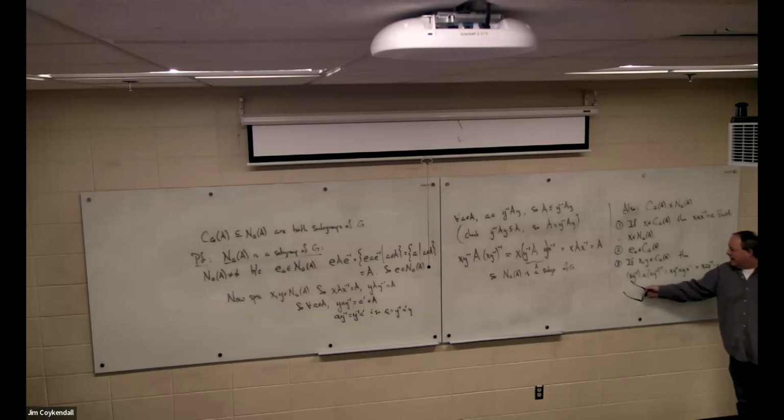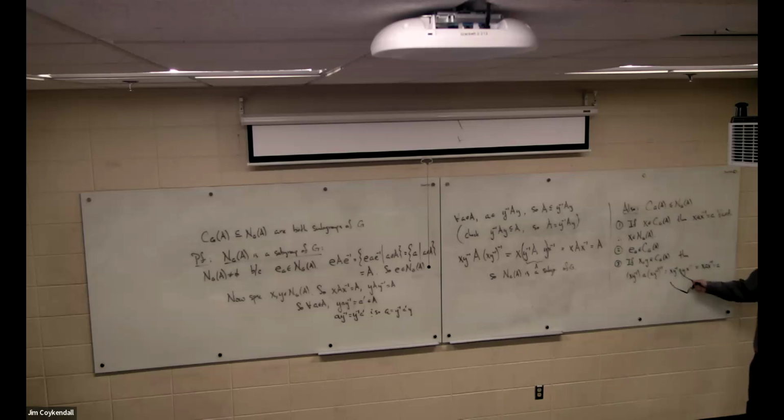So I conjugate A by X, Y inverse. And then, are you okay with this step? I got rid of the parentheses here and I just turned this around and inverted them, right? Now A and Y commute, right? So I can slip that Y over and cancel it out, leaving me with this. Okay? And now X and A commute, so I can slip that A out. Now I get X inverse. So does that clear up where all that business came from?